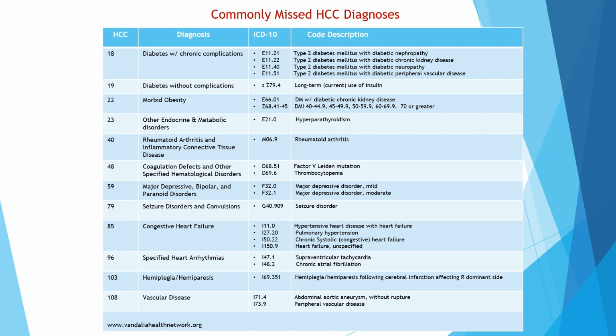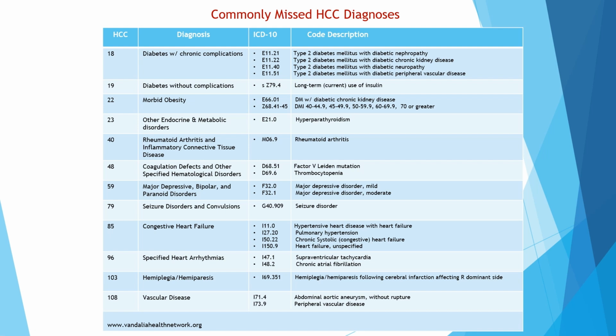HCC 19. Diagnosis is diabetes without complications. ICD-10 code and description is Z79.4, long-term, current, use of insulin. HCC 22. Diagnosis is morbid obesity.